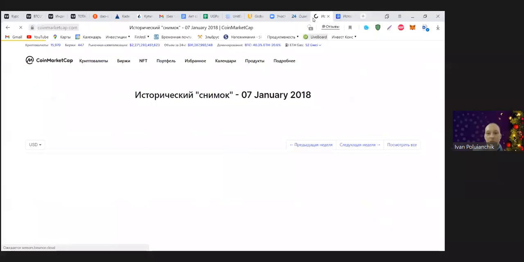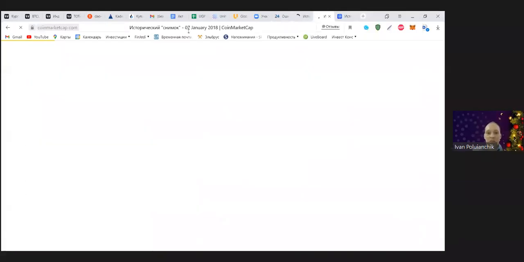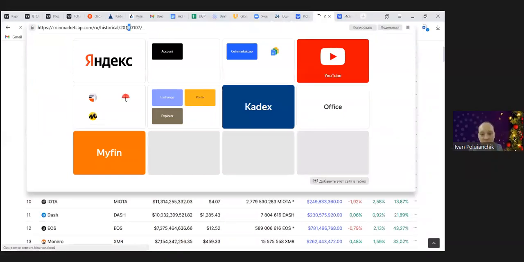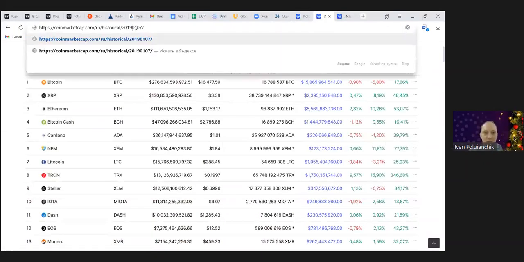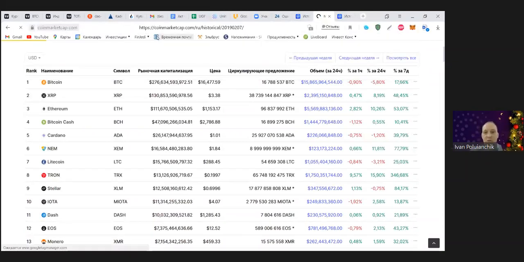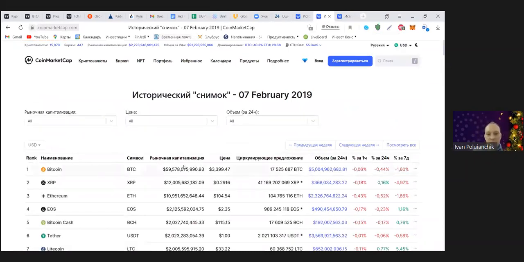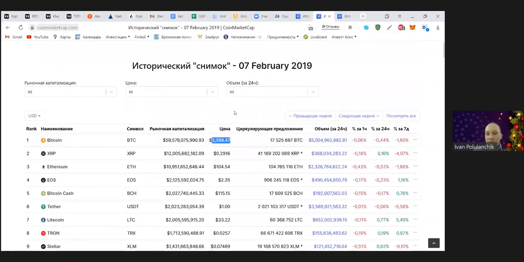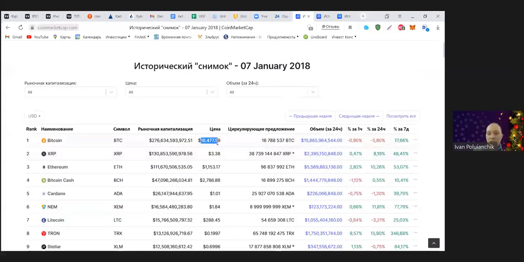And in February 2019, the second month, you see, February the 7th, it cost $3,400. And when I came in 2017, it cost $16,000, $17,000, $18,000. In December 2017, January 18, it cost around $20,000.